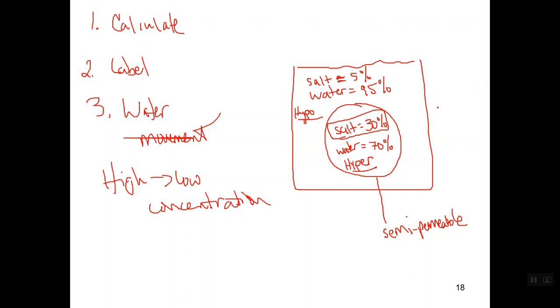So where is there more water? Well, there's 95% water outside the cell and only 70% inside the cell. So there's a huge concentration gradient here. Water is going to go from a high to a low concentration. It's going to enter the cell, and this cell is going to swell or burst.